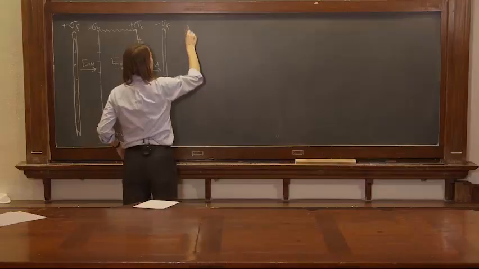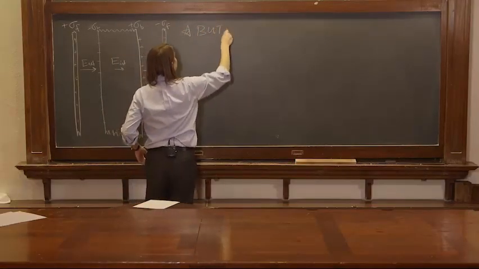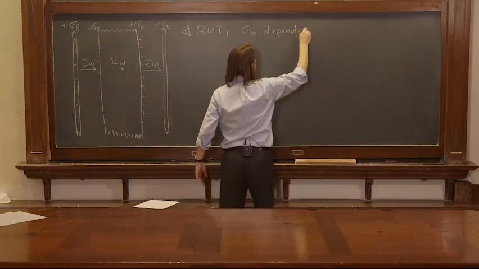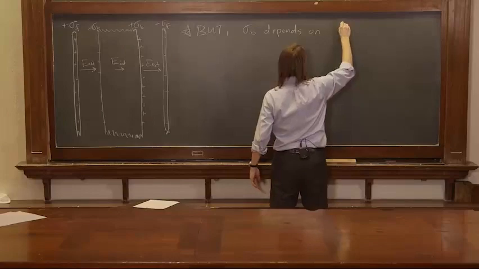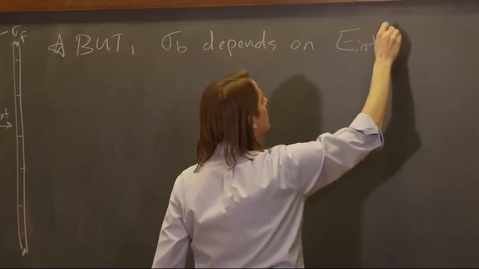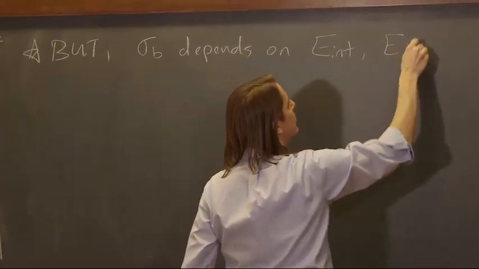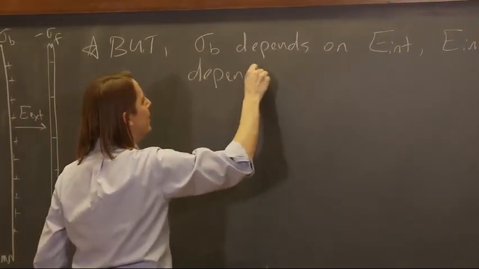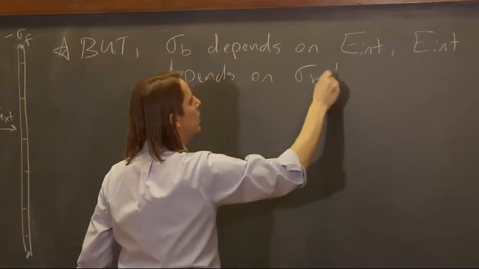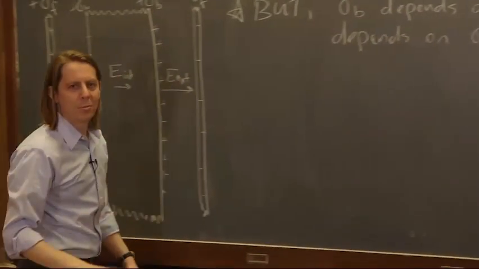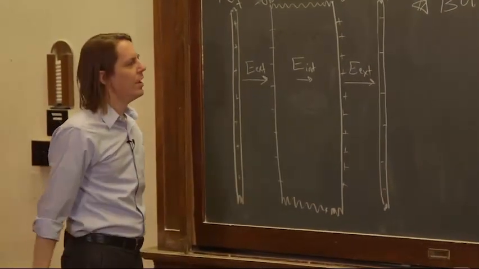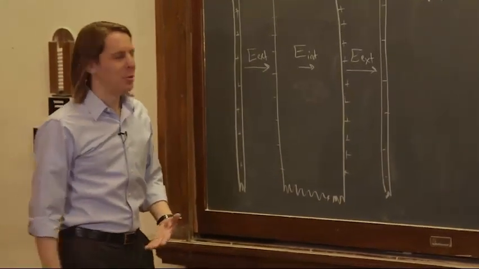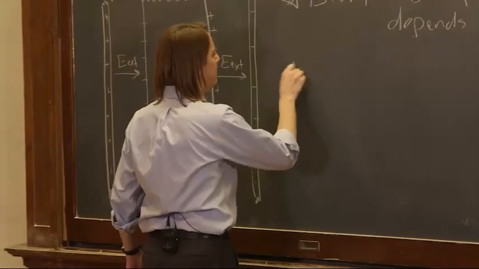Right? So we have a little bit of a problem, but sigma B depends on E internal. And E internal depends on sigma B. So there's sort of this circular problem. We can't just keep going around in circles. So to solve it, you would need to think about the microscopic view of what's happening in great detail.